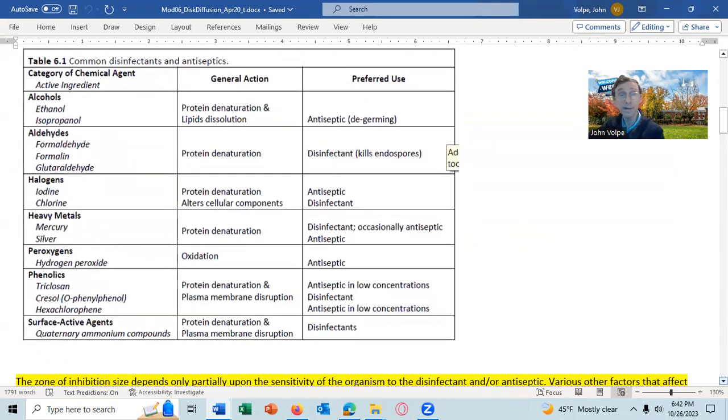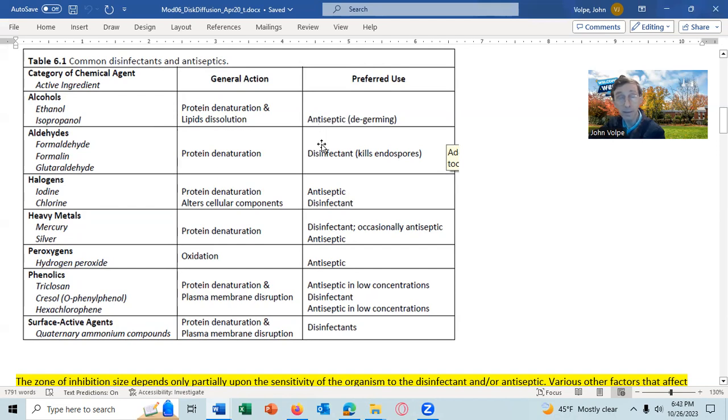All right, table 6.1 shows you some common disinfectants, their preferred use, and then the chemical agent as well as their category, like ethanol and isopropanol or alcohols. They are typically really a degerming agent, and that's because they're very weakly an antiseptic.